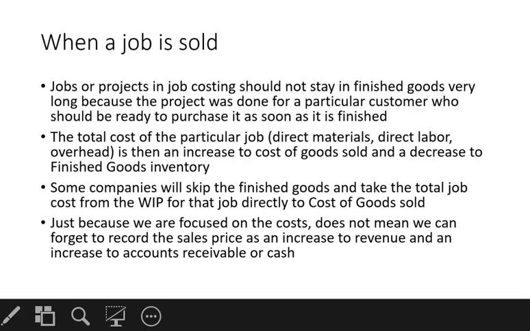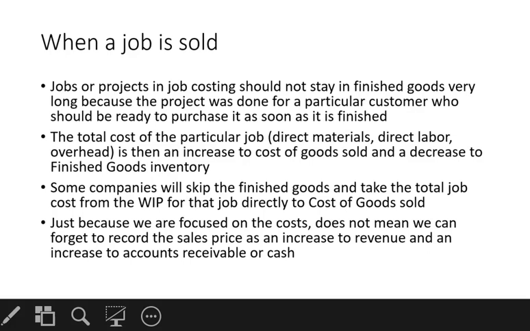And as soon as they were done, they buy it, pay us, send us some money, whatever. We send them an invoice, and we move that from finished goods, the whole thing, all the direct material, direct labor, the whole total, all the overhead, into cost of goods sold. Okay, so it's going to decrease finished goods inventory and debit cost of goods sold.